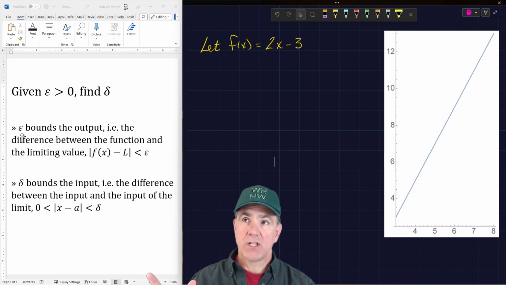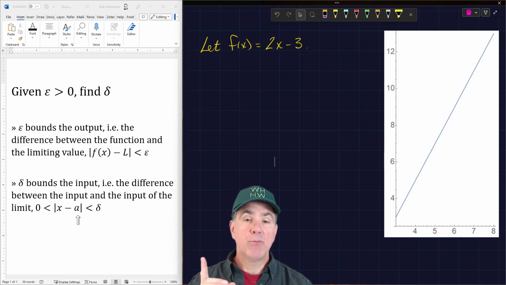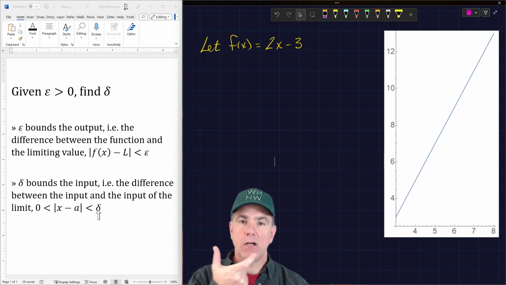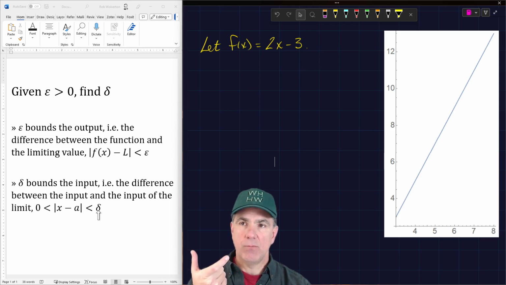So remember, the epsilon values are bounding the difference between the function and the limiting value of the function. And then the deltas are the corresponding values between the input of interest, which is A. A is what we're linking up with the limiting value L. So we're looking around the A input, at some distance delta away from that input.